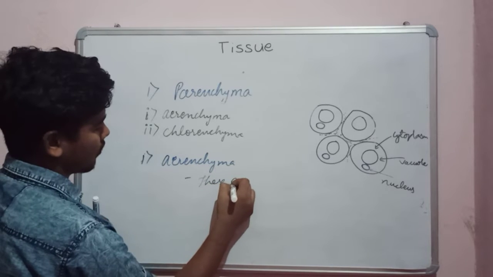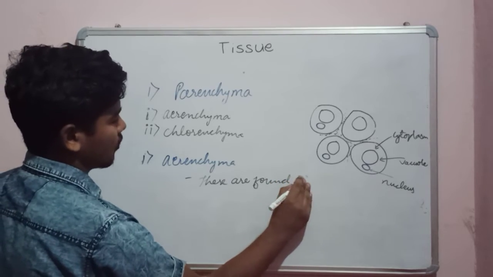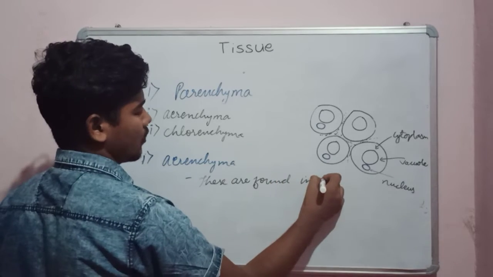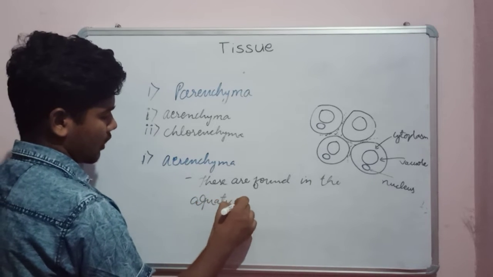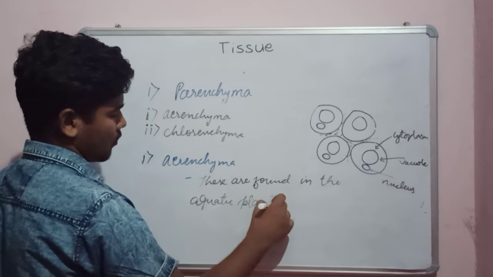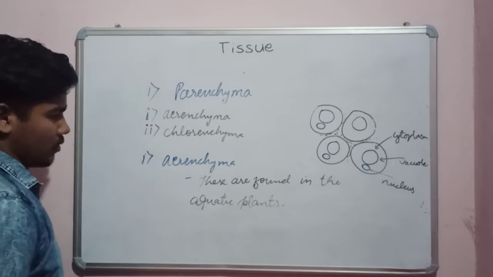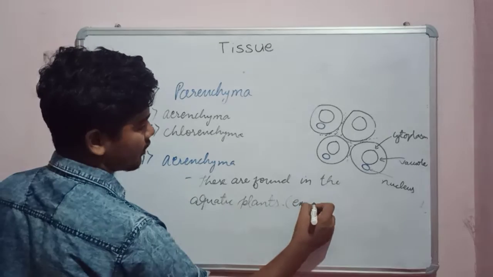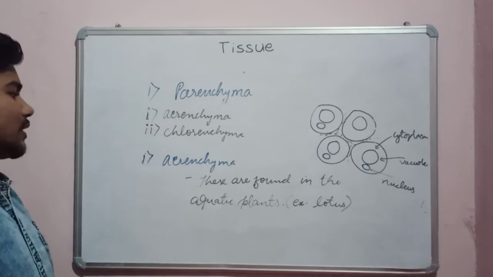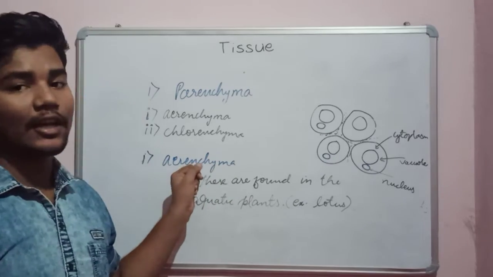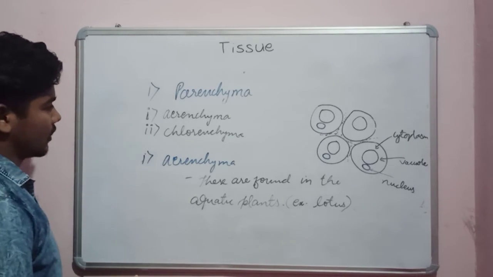These are found in the aquatic plants. Example, lotus. So this type of parenchyma, that is aerenchyma, is found mainly in the aquatic plants. And second one is chlorenchyma.